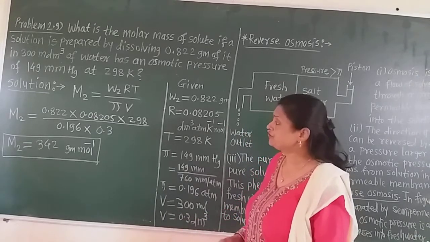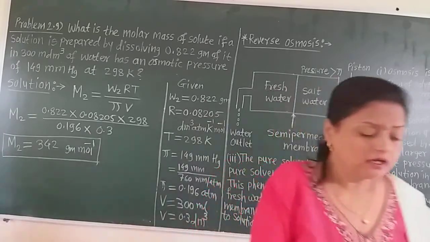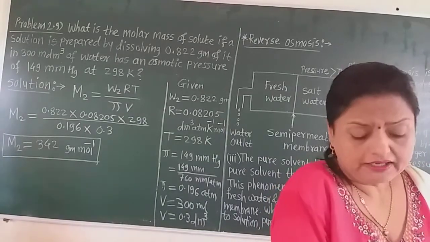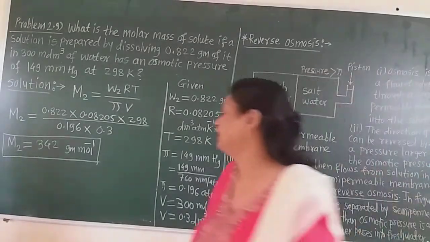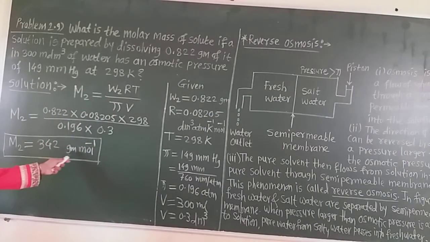Now only substitute all these values. You can also write down the units of each quantity, and regarding the same units we obtain the unit gram per mole for this solute.